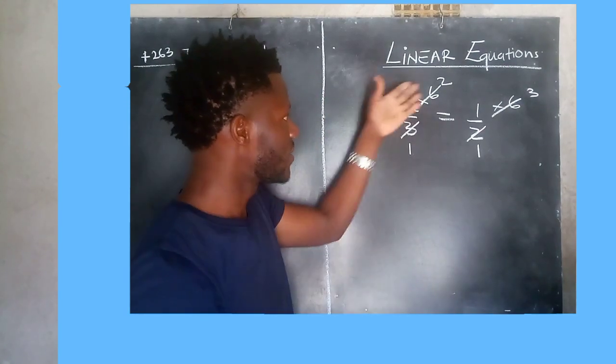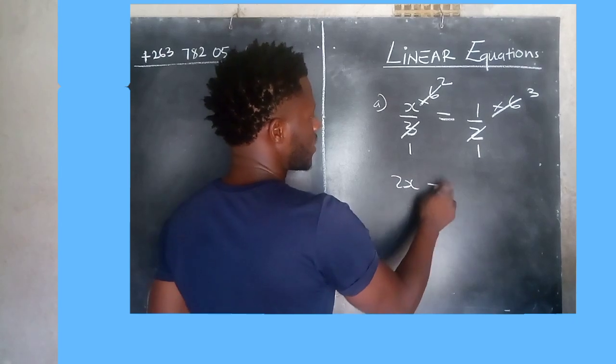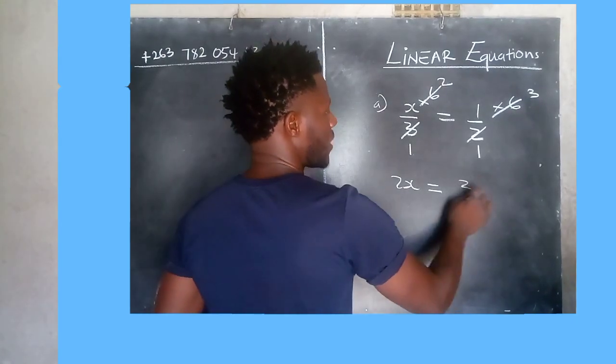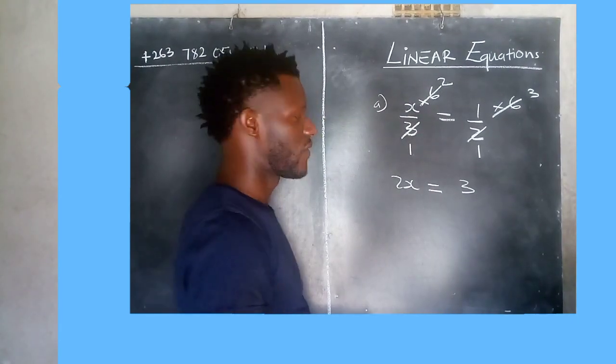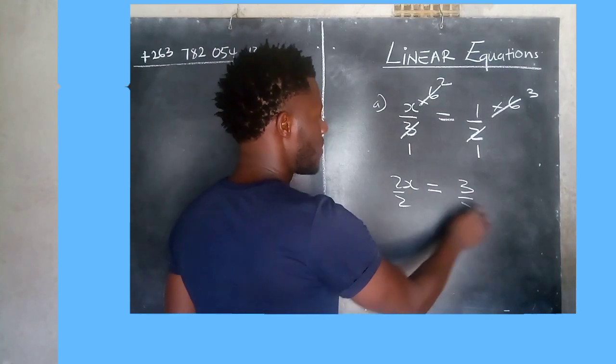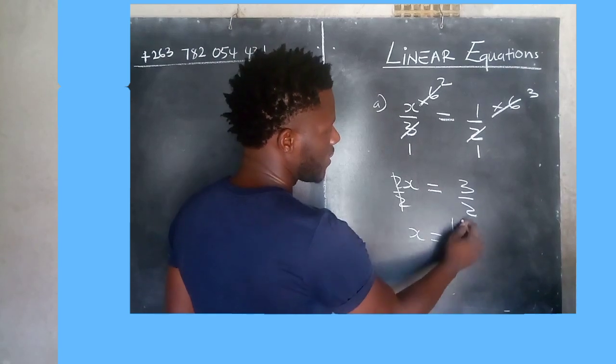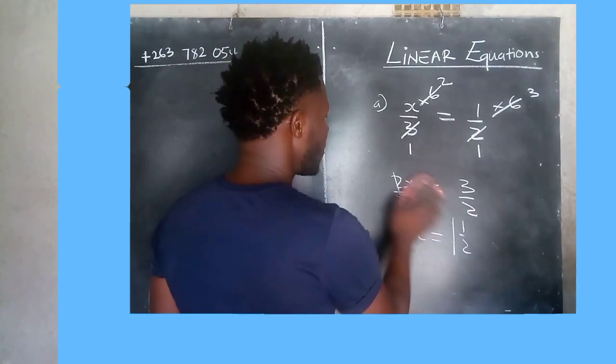Then we collect the terms that remain on numerators. 2 times x, we get 2x. 1 times 3, we get 3. That's how we do away with fractions. Now you divide both sides by 2, so that x becomes 2 into 3 is 1 and half. Maybe one more example.